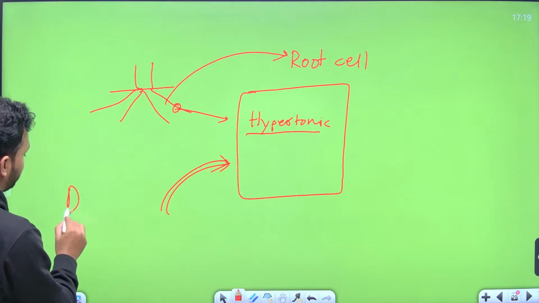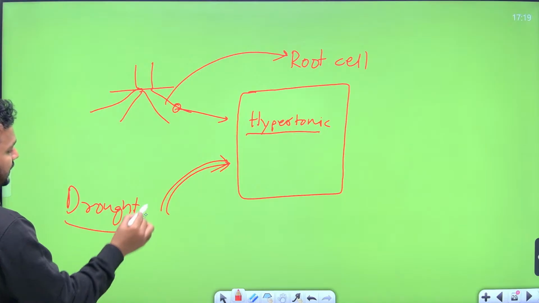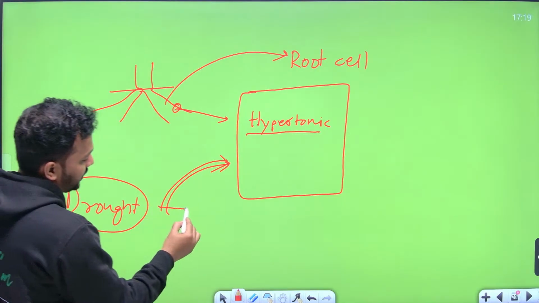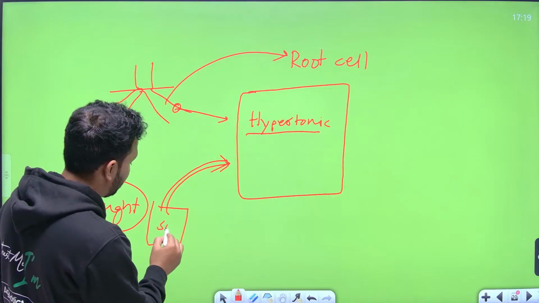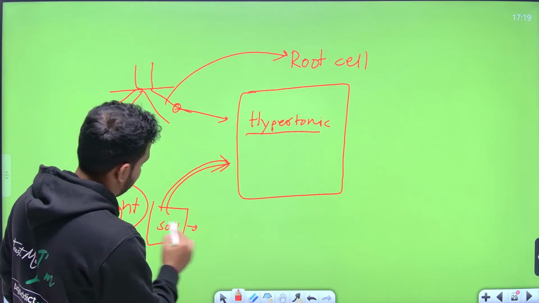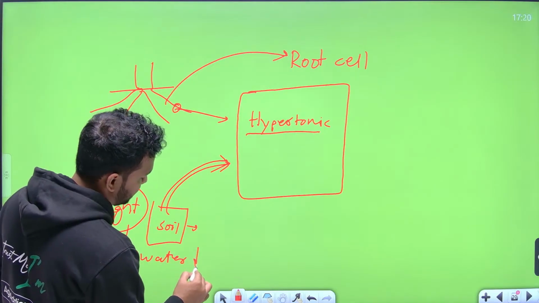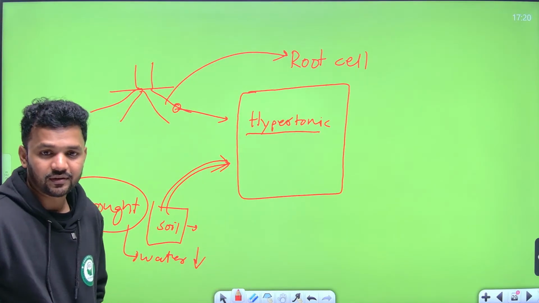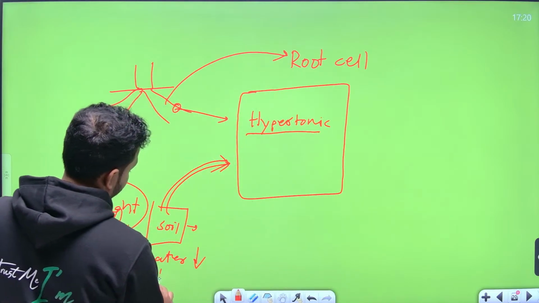But in case of drought, the amount of water in the soil is less, isn't it? Then it will also become hypertonic.